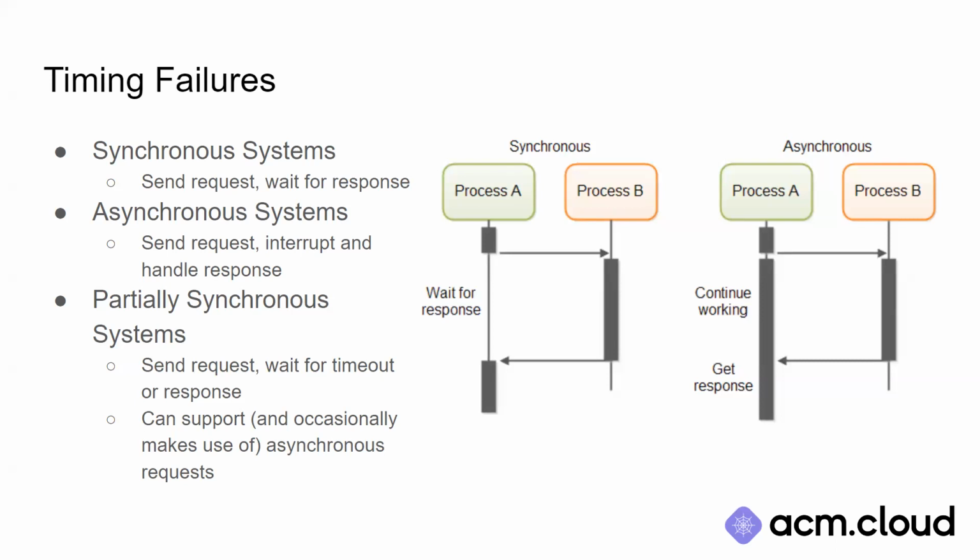That leads us to the notion of a partially synchronous system, where we have a timeout, but it's an extended timeout, so that we can account as best we can for the asynchronous nature, but we're still giving a sense of synchronicity so that if it times out, we can treat it as a failure and then move forward from there.